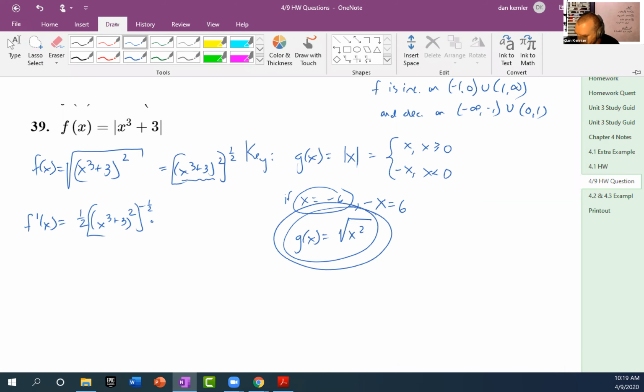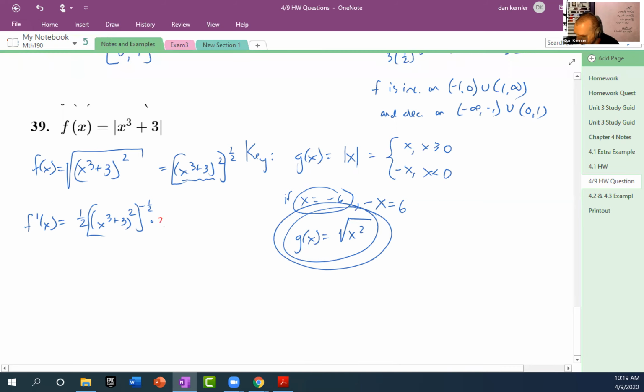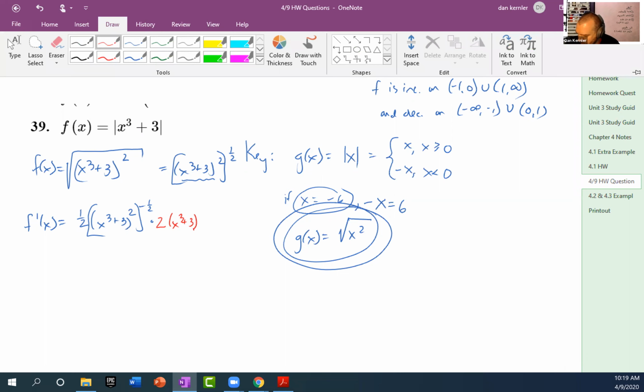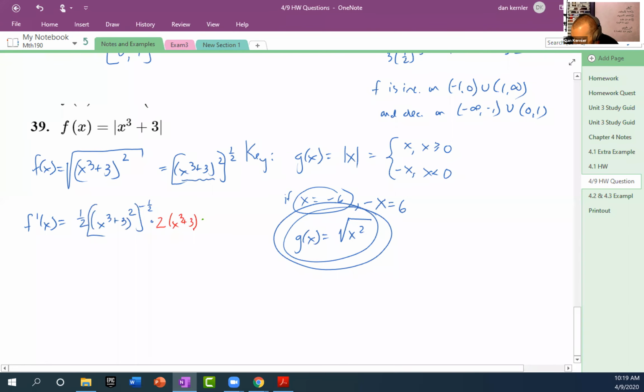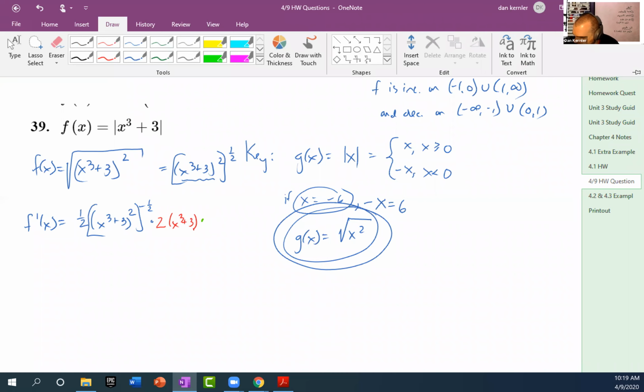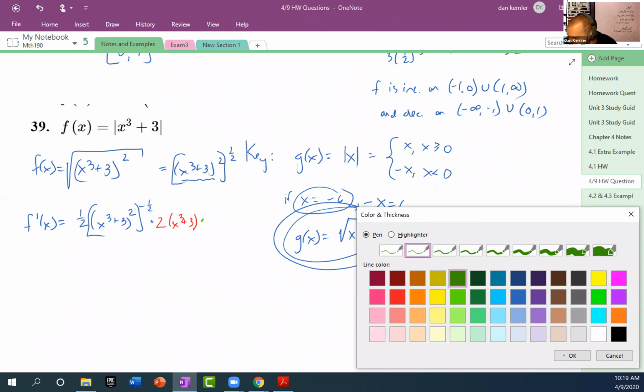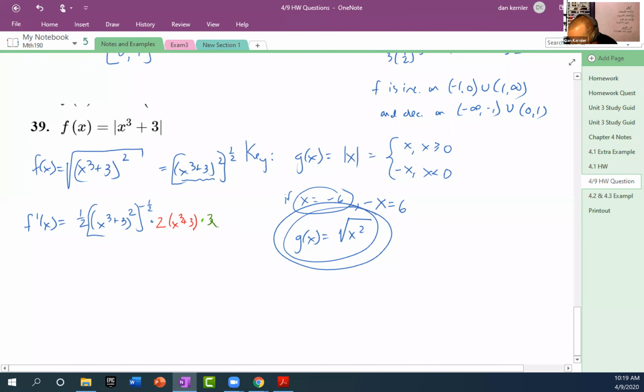Maybe I'll change colors and do red for that. That's 2 times x cubed plus 3. But then we need to change colors again and multiply by the inside derivative of that. Oh, that's way too light. Sorry, I'm trying to be fancy here. I need like a dark green. 3x squared.